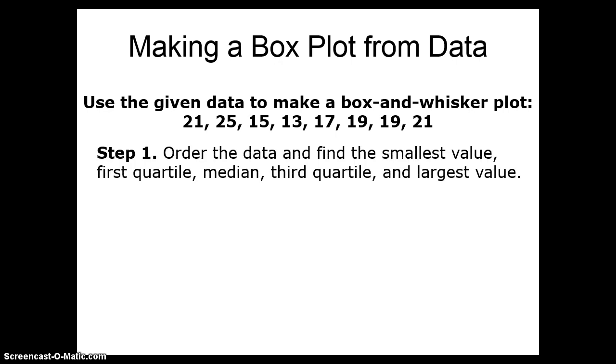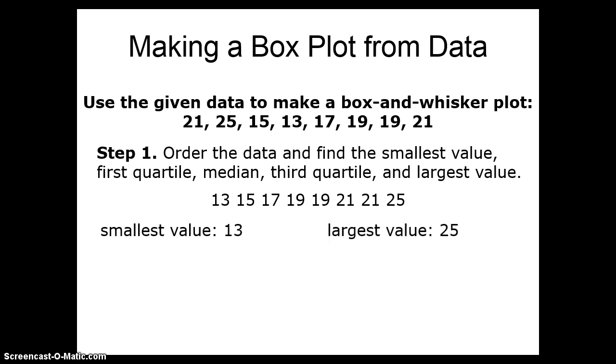There are 3 steps to making a box plot. Step 1, order the data and find the smallest value, the first quartile, the median, the third quartile, and the largest value. So I put the numbers in order, find the smallest and largest value, which are simply the first and last data item in my list.